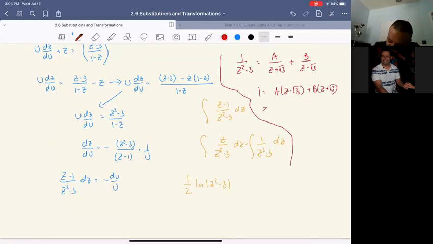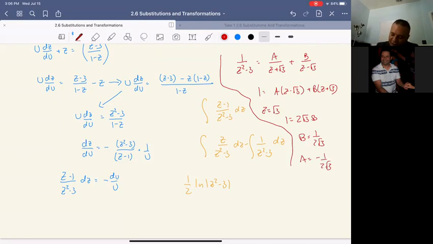Okay, so if z equals root 3, then this term goes away, right? So you get 1 equals 2 root 3 b. So b equals 1 over 2 root 3. And similarly, a equals negative 1 over 2 root 3.